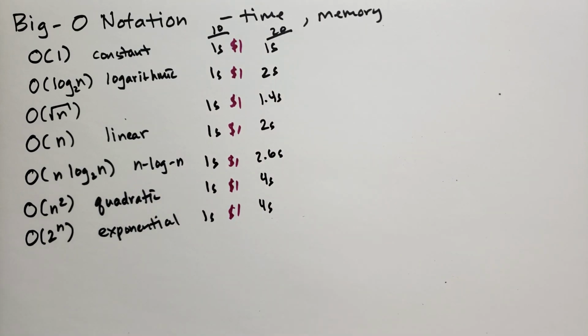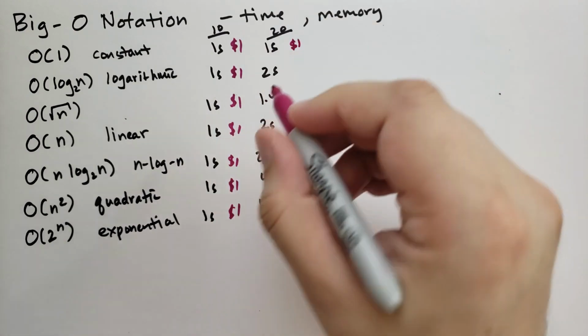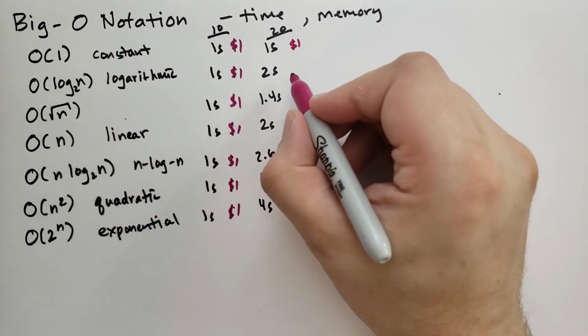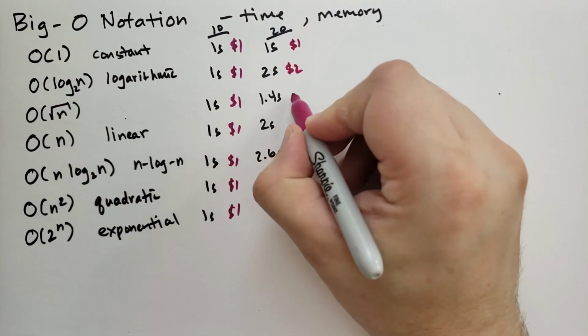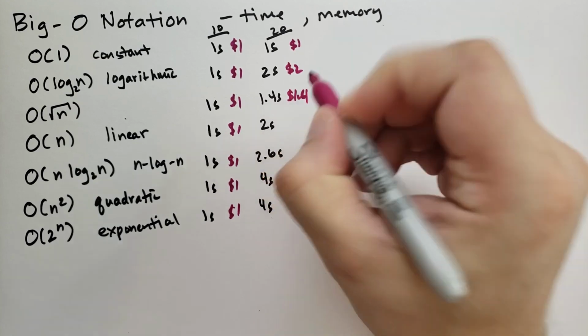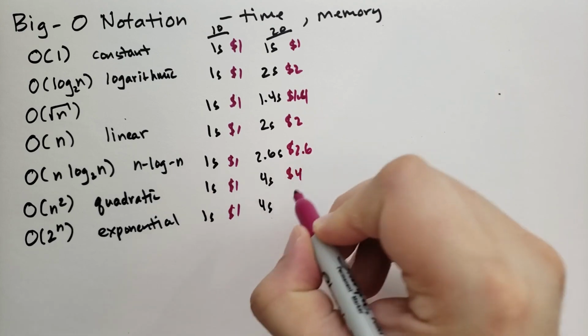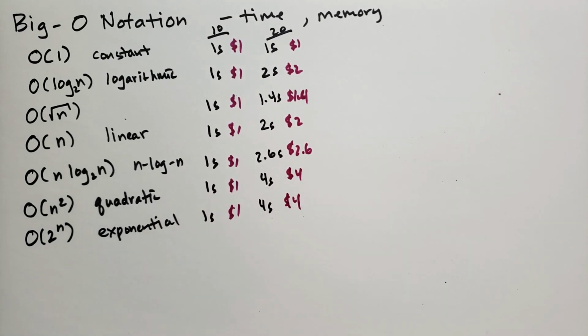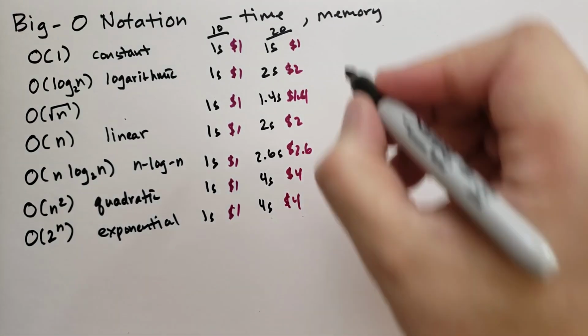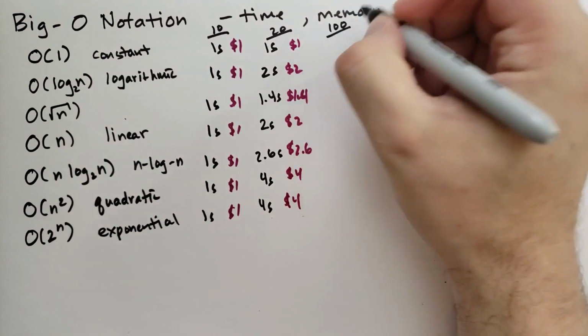This doesn't seem too bad. In terms of memory needed, you'd still need only $1 of memory for a constant O in memory. You would require $2 of memory, $1.4, and so on, and $4 for quadratic and $4 for exponential. Things start to get a little hairy when you consider 10 times, so we're going to process 100 records.